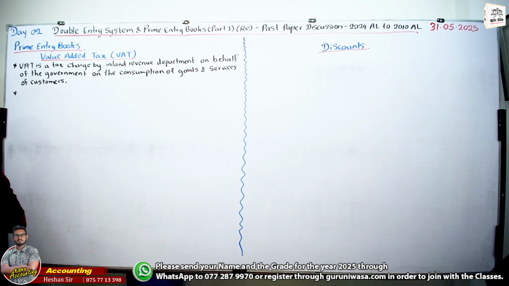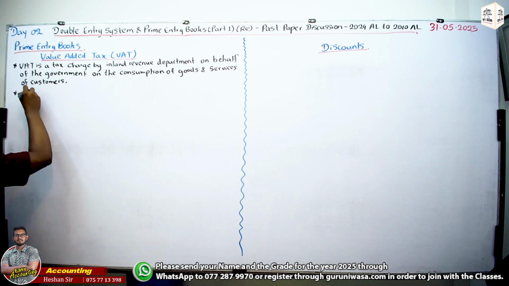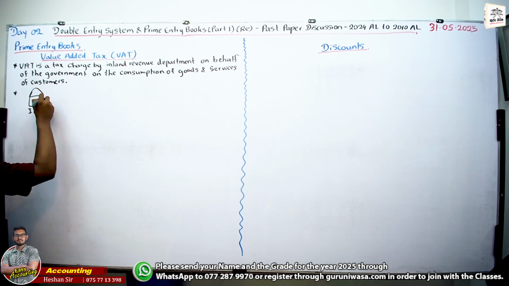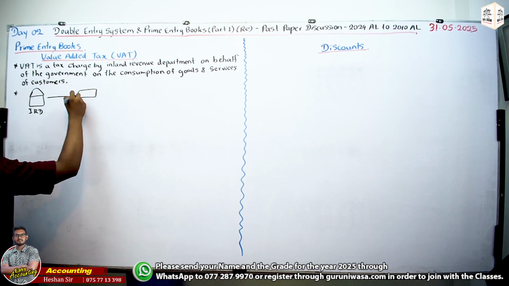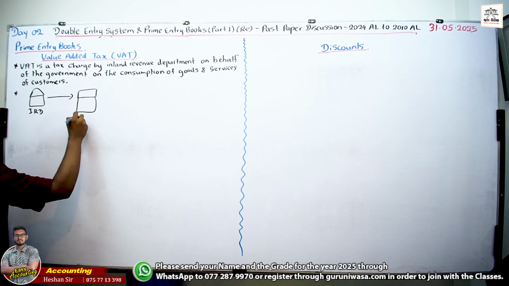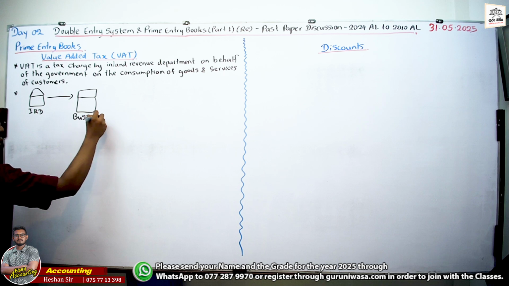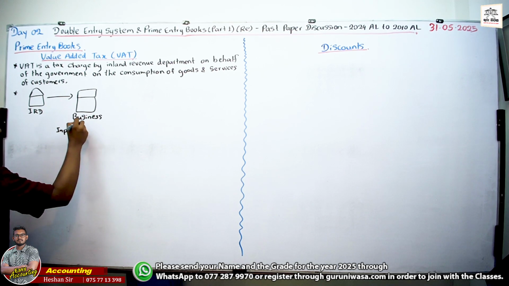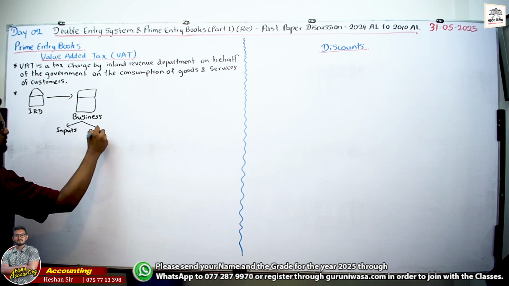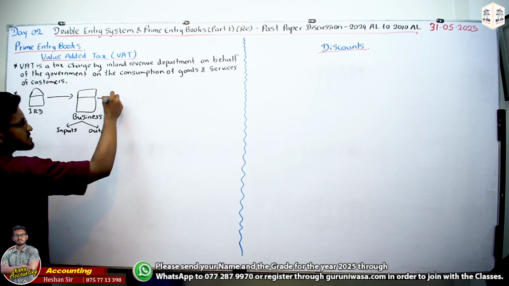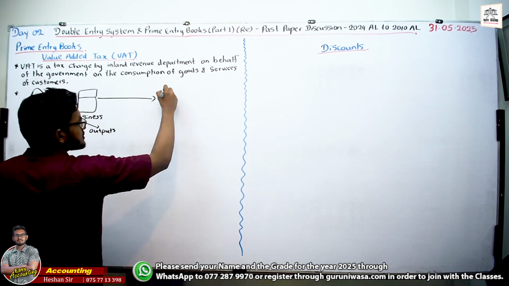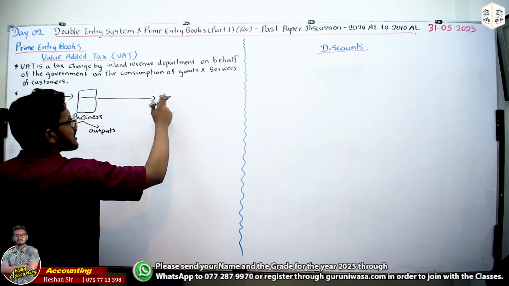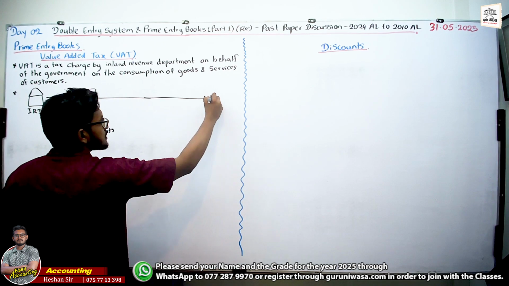Now think this is the Inland Revenue Department. It charges the businesses. Two things: business inputs and outputs. So the business can charge it from the consumers.